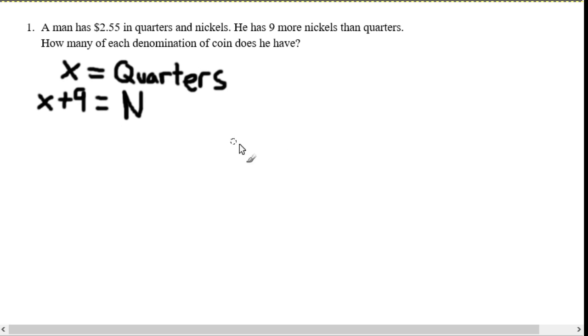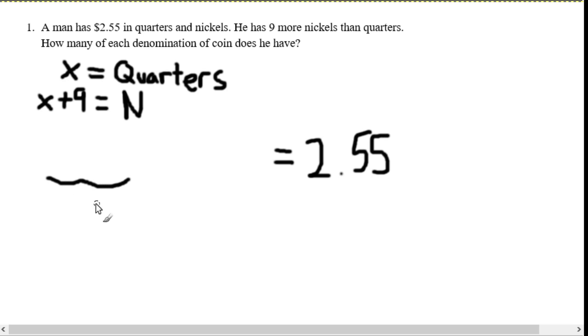I know in total I have $2.55, so I know I'm going to have an expression for quarters and an expression for nickels, and when I add these up, I should get $2.55. In this case, I have x quarters, but I need to know how much a quarter is worth. A quarter is worth 25 cents.